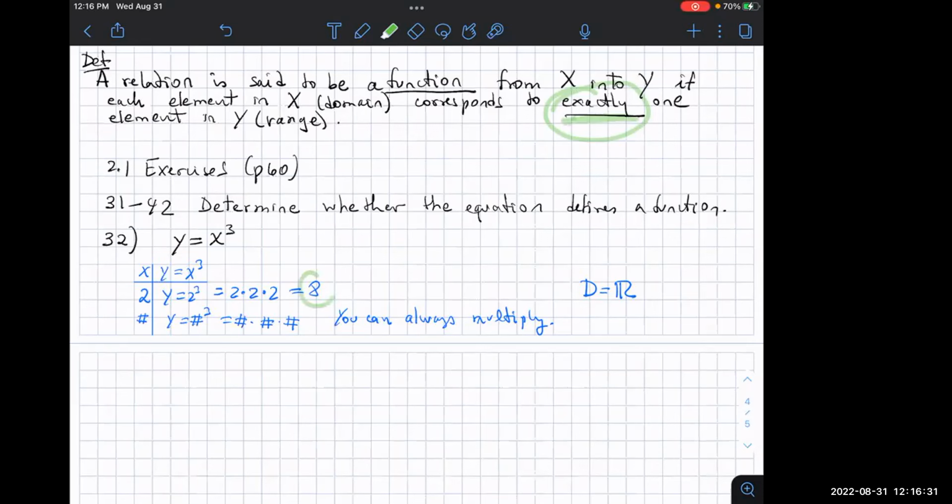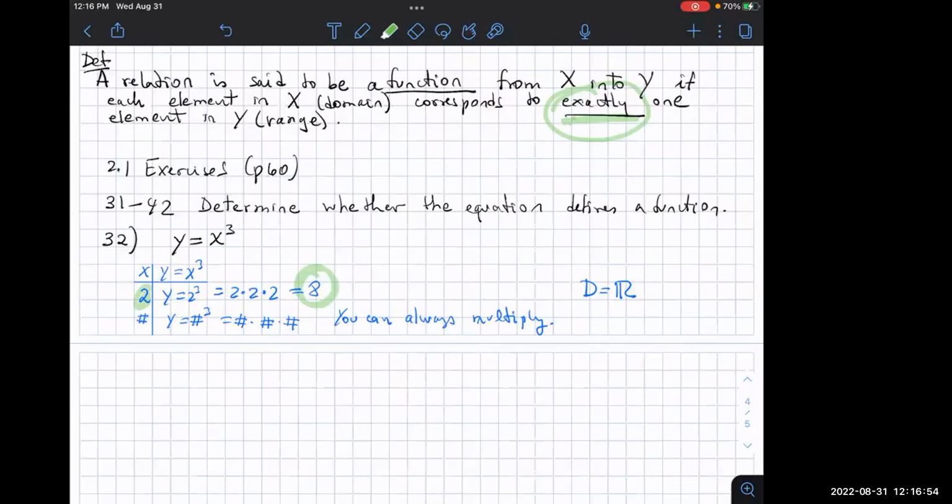Do I have exactly one answer? Or is there another number so that when you multiply by itself, you get 8? Which number times itself 3 times gives you 8? 2. 2 is the one we picked. Is there another number?